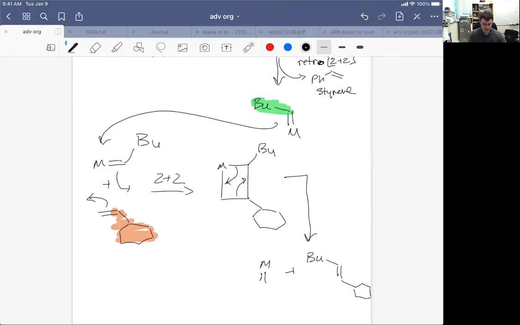Okay, and this can react with more of this to form more of our metallated species that has this, which makes more product. And so we continue onward through a catalytic cycle, I suppose, involving one of these two as the actual catalytic species.